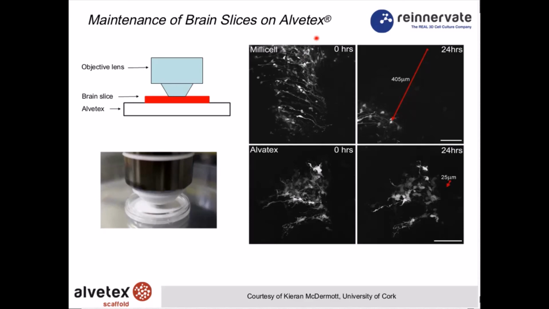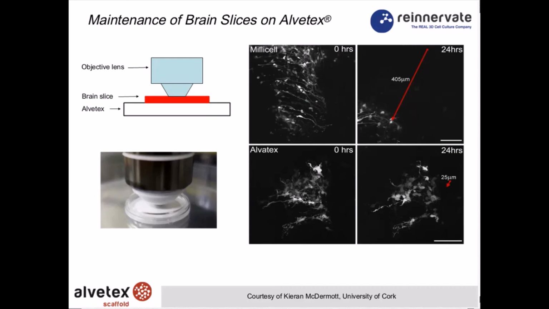But one of the issues is the viability of the tissue decreases over time, but also it moves. So you can see here at time 0 and after 24 hours, the actual tissue material has moved 400 micrometers. And that's a real problem, especially if you're looking at studying cell migration and cell movement within the material.